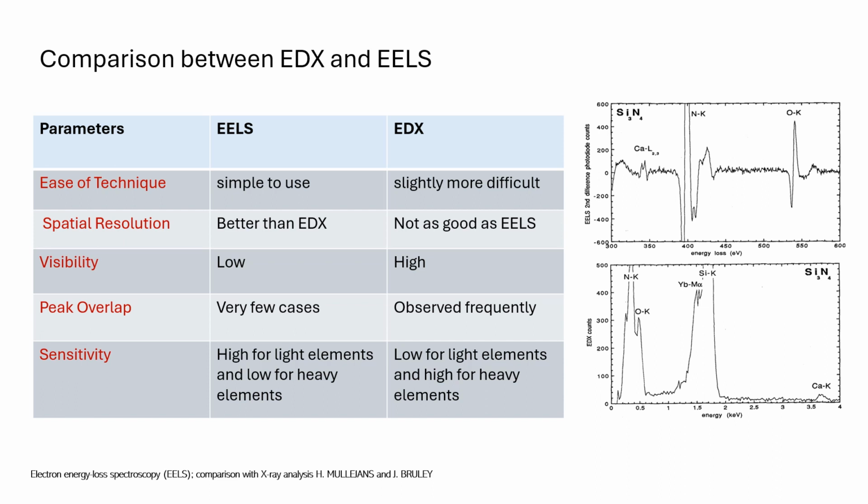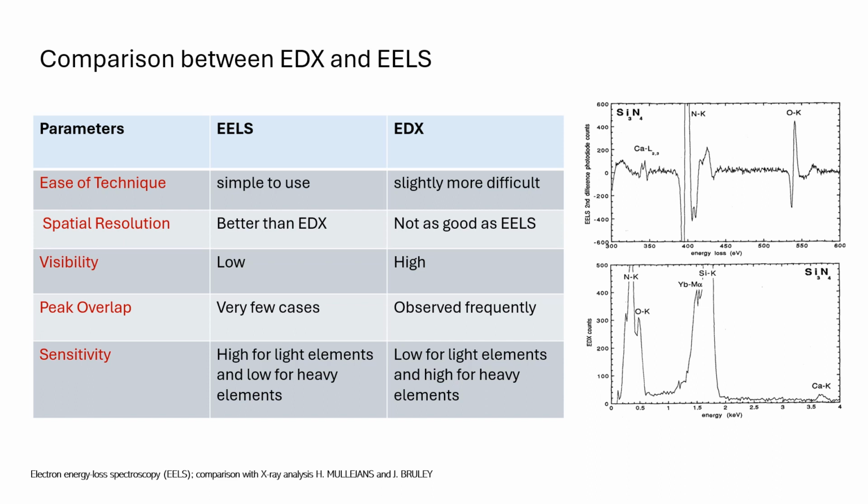The visibility of EELS is low, where that is for EDX is high, and the peak overlap is very few in the cases, because in EELS we have seen the energy range is not very high, so we don't get that much of peak overlap.